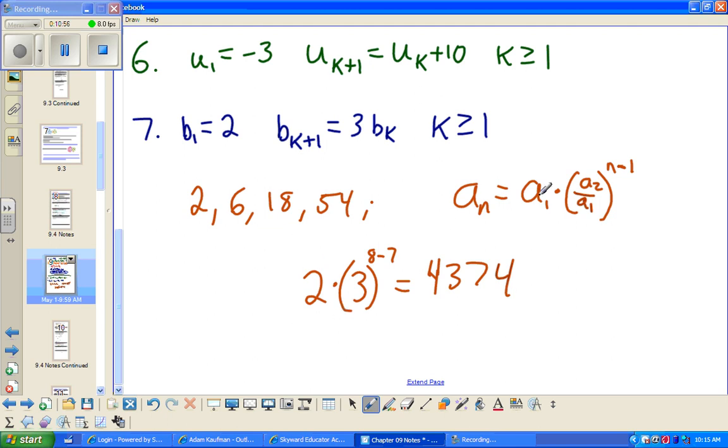So again, a sub 1 was 2, that came from the first term. This 3, that's that common ratio. If you weren't given the common ratio, which we basically were right here, you just take the second term divided by the first. And then what power do you raise it to? 1 less than the term that you're trying to find.